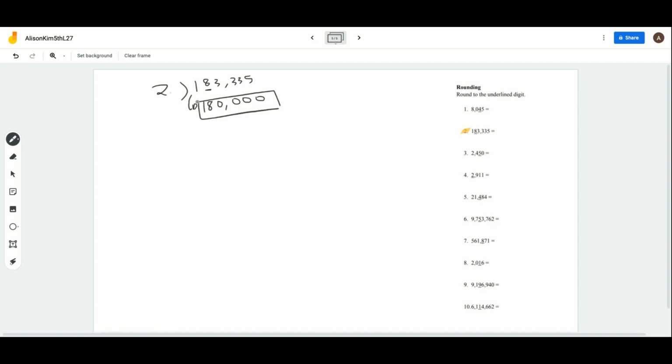And that's it. When you're rounding, just remember that rule: if it's greater than or equal to 5, then you round up. If it's less than 5, then you round down, which is basically just turning the numbers to the right all zeros, and making sure that the underlined number stays the same. And that's it for today. I hope this video helped you guys a bit.